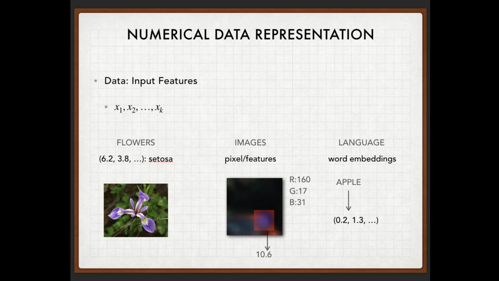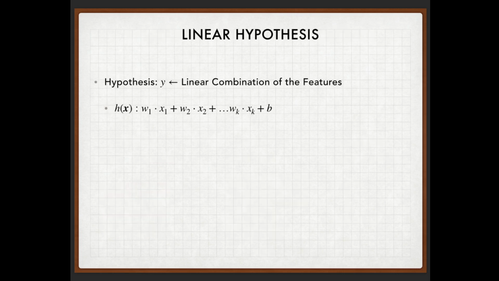As to the hypothesis working on such data features, linear models cannot be simpler. Basically, the central idea of the hypothesis family is that the value we want to predict is related to a linear combination of all the numerical features. If you write it down mathematically, it is in this form. It's the product of the feature and a weight.